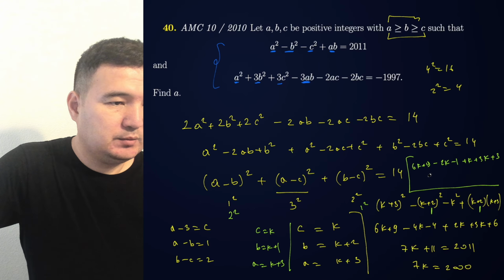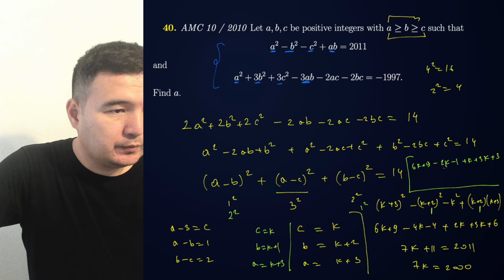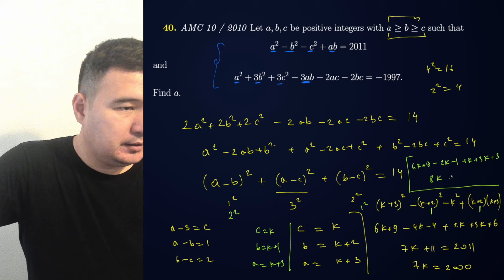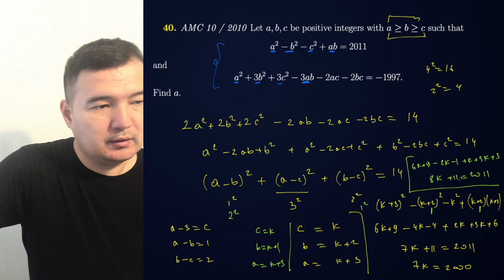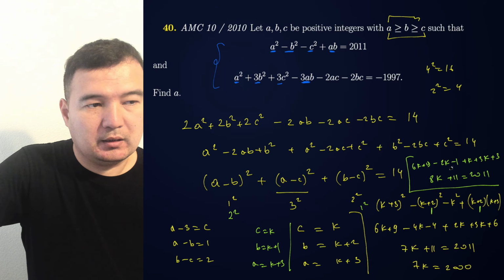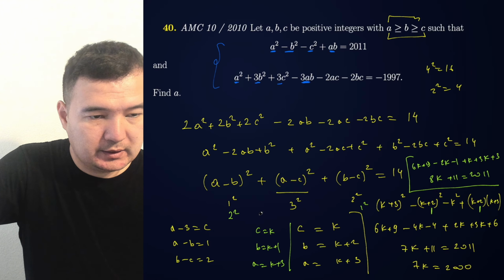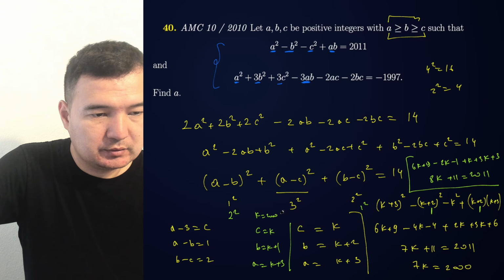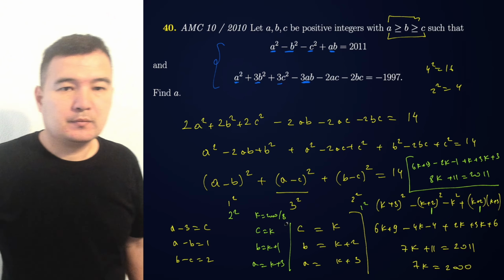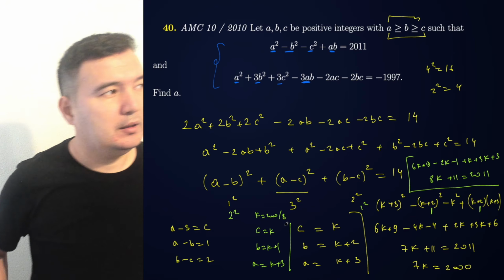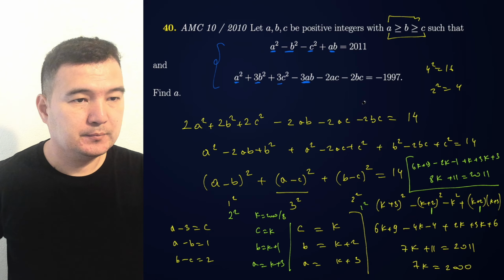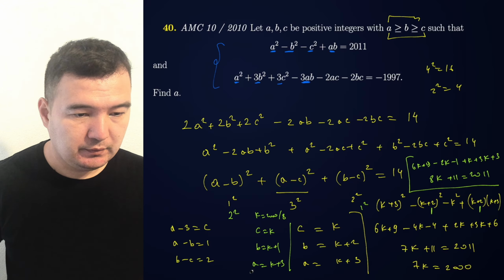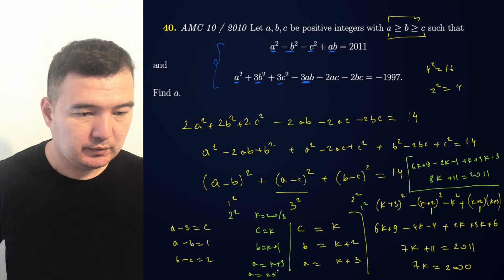That simplifies to 8k plus 11 is 2011. So k is 2000 over 8, which is 250. C is 250, and A turns out to be 253.